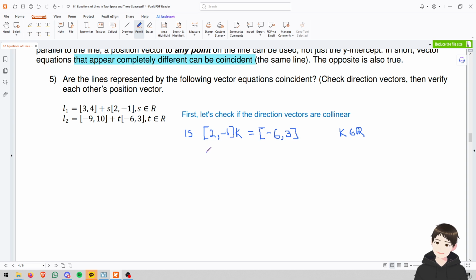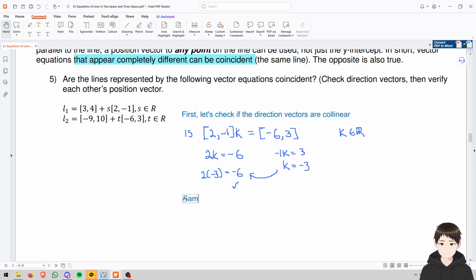Well, that means 2 times k has to equal -6, and -1 times k has to equal 3. Well, this seems easier. k has to be -3, and I'm going to swing that over here. 2 times -3, does it equal -6? Yes, it does. So they are, I'll put a little note now saying same direction vector.